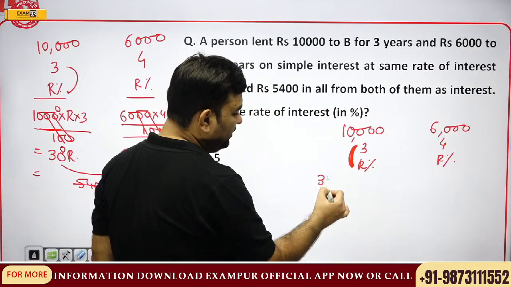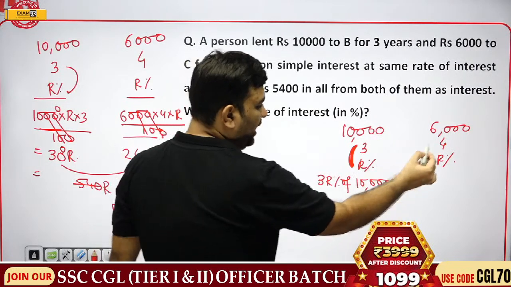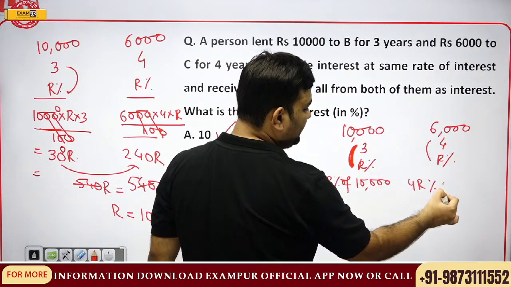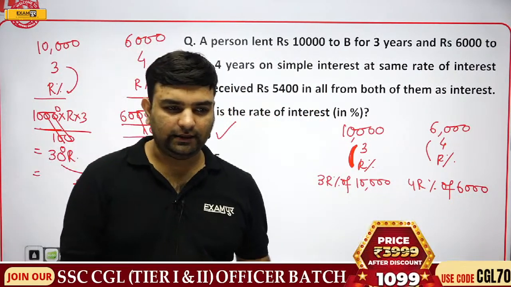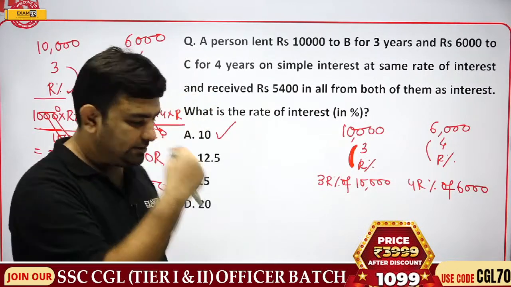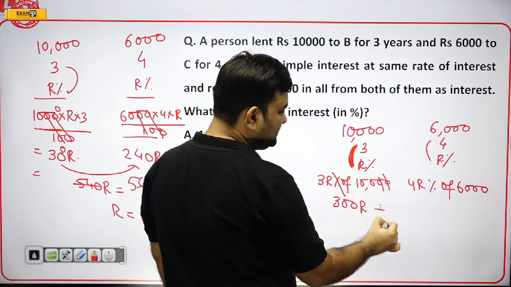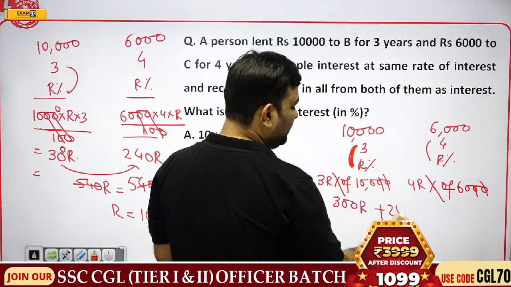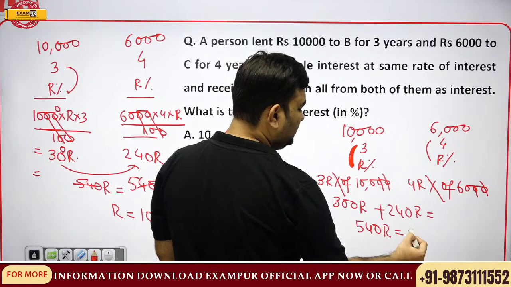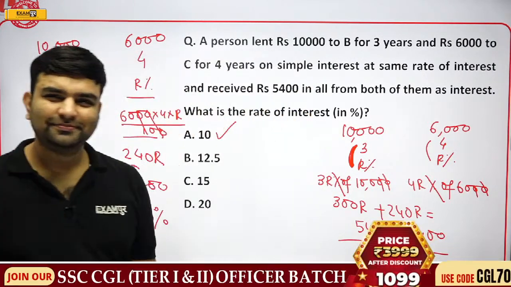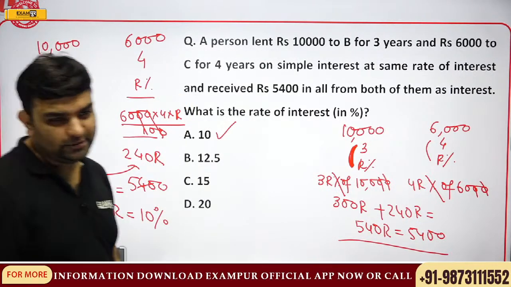So 3R percent of 10,000. RT means 4R percent of 6,000. Now, what did I tell next? I tell percentage cancel out 2 zeros, because percentage is 1 upon 100. 300R plus 240R is equal to 540R, which is given as 5400. Mostly the same, na? What do you say?